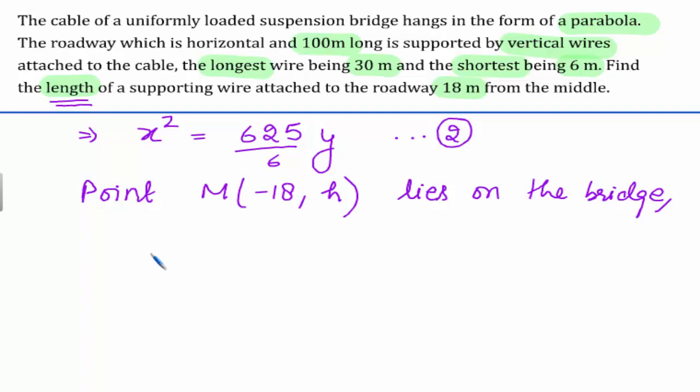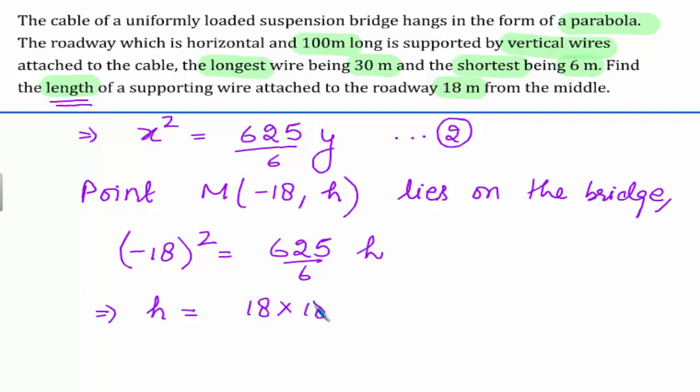So replacing x by minus 18 and y by h, this implies that h is equal to 18 into 18 into 6 divided by 625, and this is equal to 3.11 approximately.